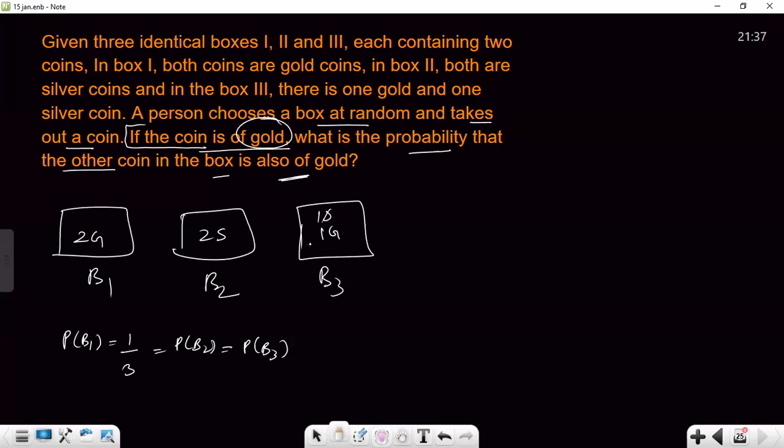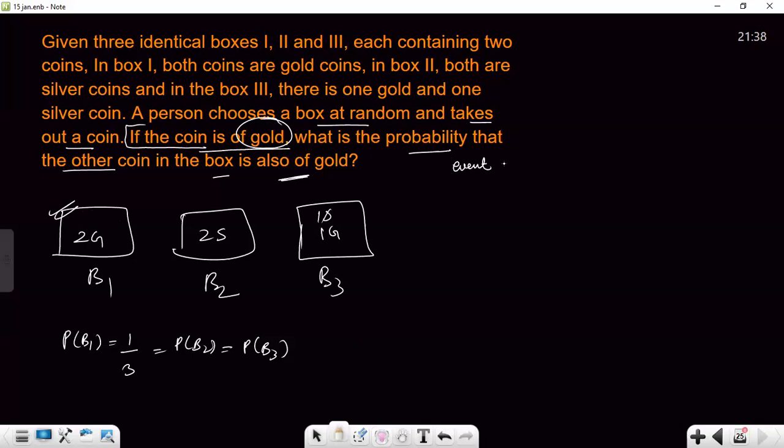First, second, or third? First. B1. It's box 1, sir. Yes. So we have to find the probability given that the coin is gold. So first we have to name the event.